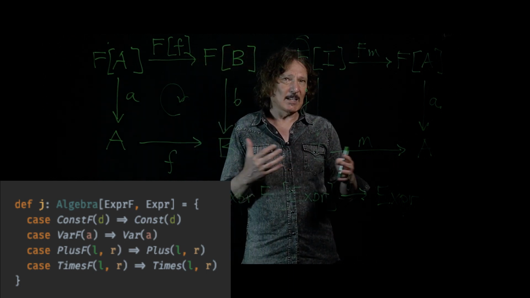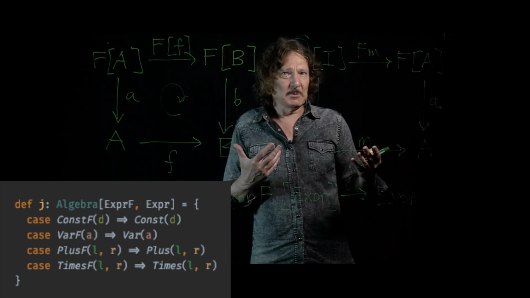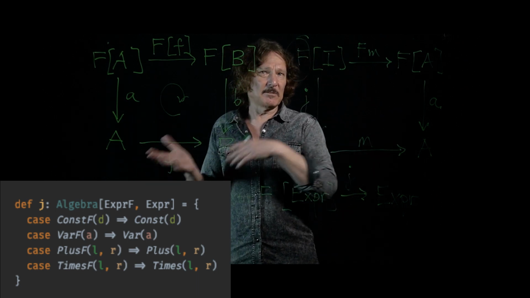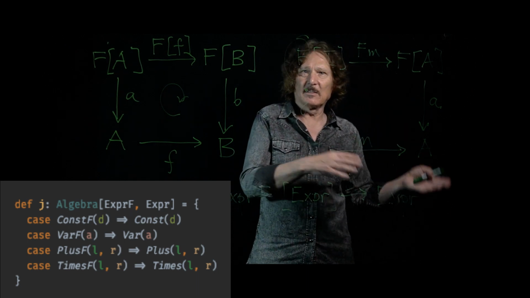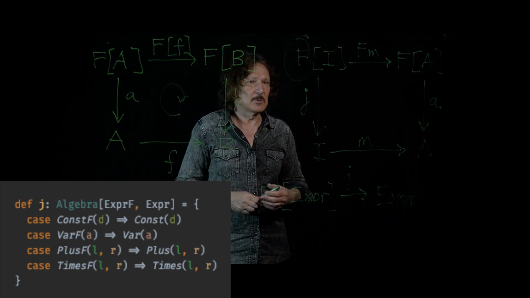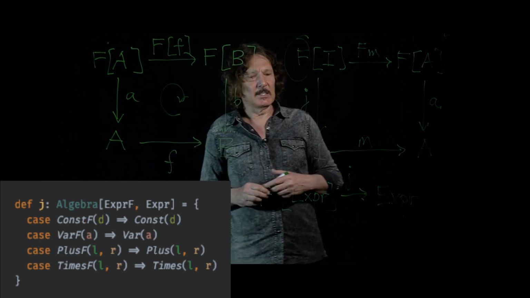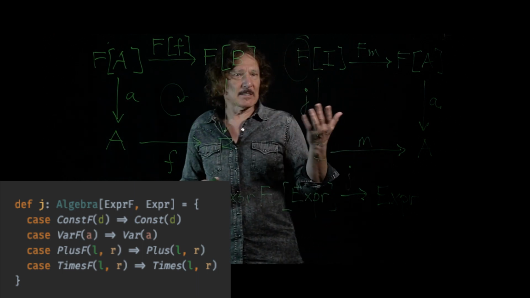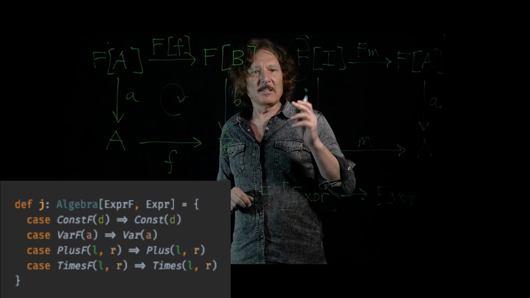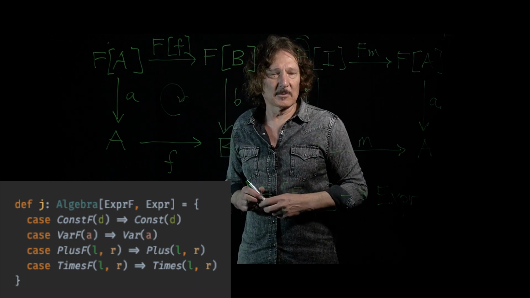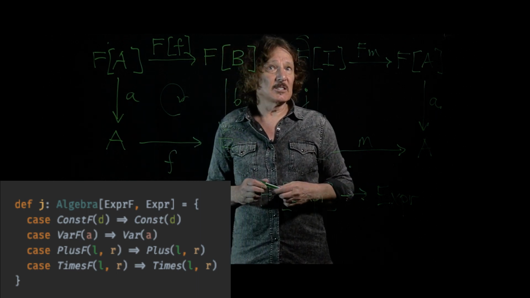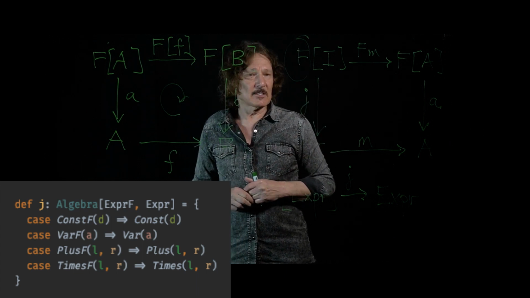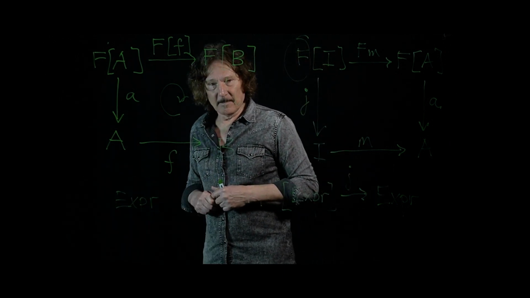Because it's repackaging things, it is actually invertible. We can repackage from left to right, and we can go back from right to left. This is a very interesting property, and it's actually a theorem. It's called Lambek's lemma, which says that the evaluator, or the structure map for the initial algebra, goes both ways and has an inverse. It's called an isomorphism.